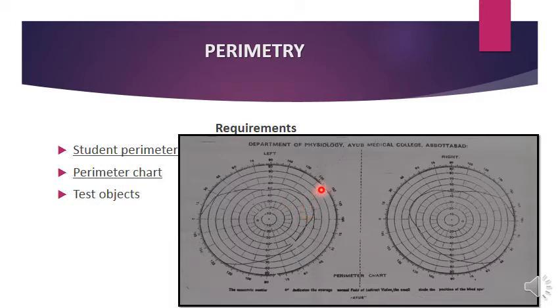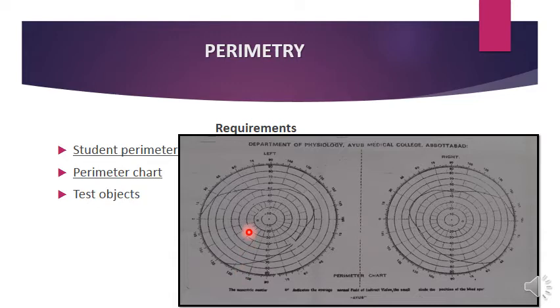Each chart has normal markings. These markings represent, for example, this black line, the normal extensions of the visual field for the left eye.